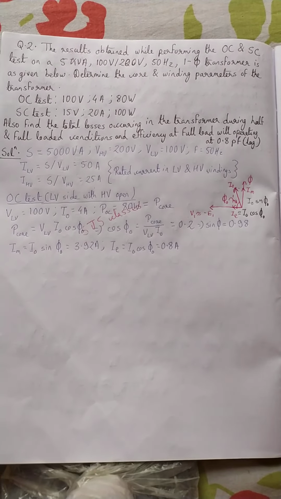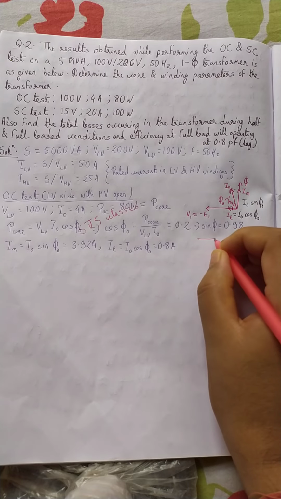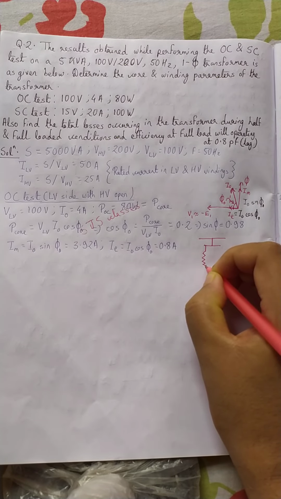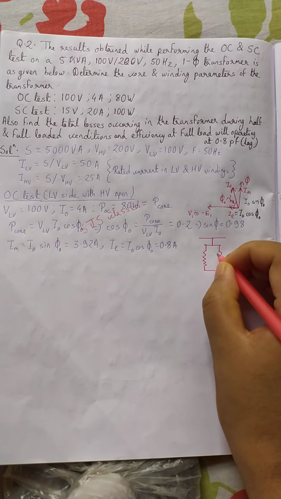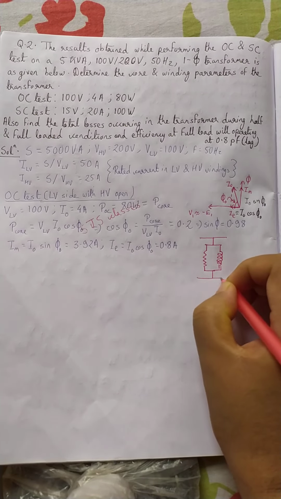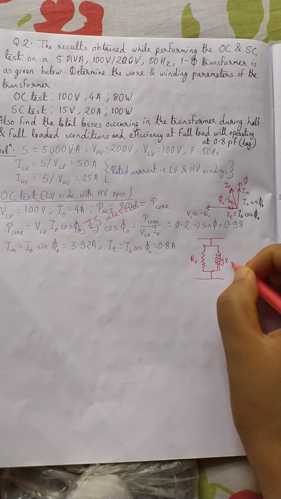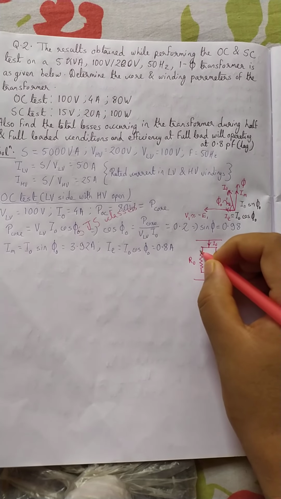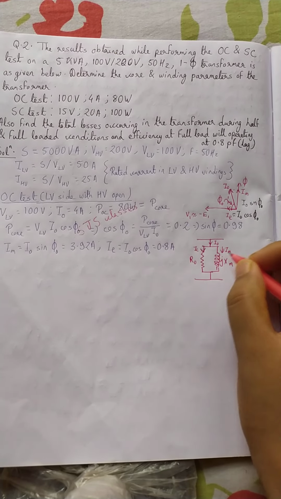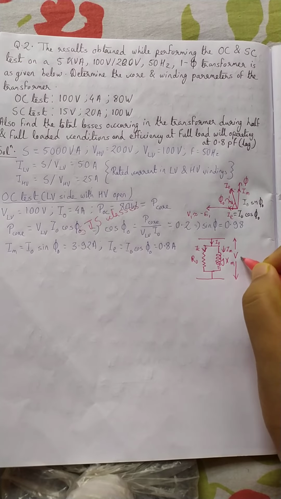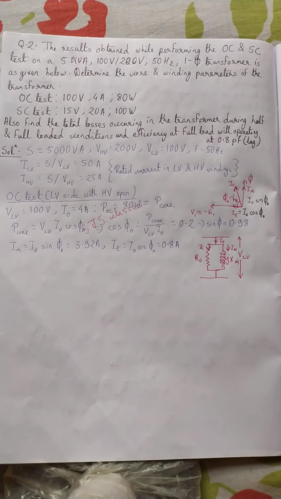Now try to understand the thing again. In the equivalent circuit of a transformer, I am only taking the core quantity right now and ignoring the others. This is R naught, this is jXm, this is I naught, Im, IE, and this voltage will be equal to the applied voltage, here it would be equal to VLV.